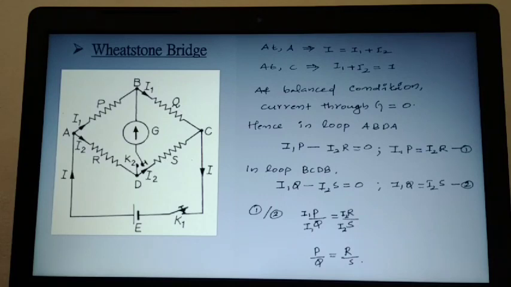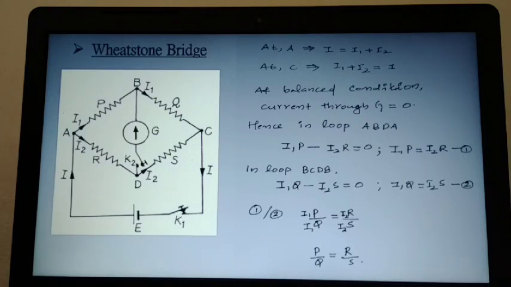So Wheatstone bridge is based on Kirchhoff's laws, but the Wheatstone bridge principle says that at the balanced condition, the ratio of resistors on either side of the galvanometer is the same.